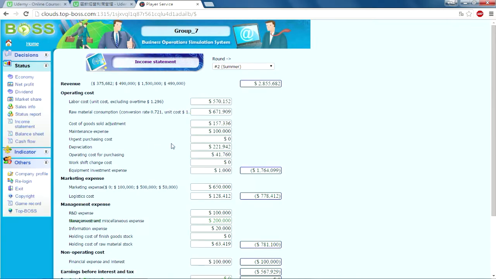I don't go into detail for the explanation for the income statement, but there are two factors I need to tell you. The first one is the labor cost. You see the labor cost here, and the labor cost is per unit. The labor is around 1.4 US dollars. Why is this factor important? Because when you are thinking about the production decision, as I just mentioned, if you decide to maximize the production quantity by OT, by overtime, the OT quantity must suffer from higher cost.